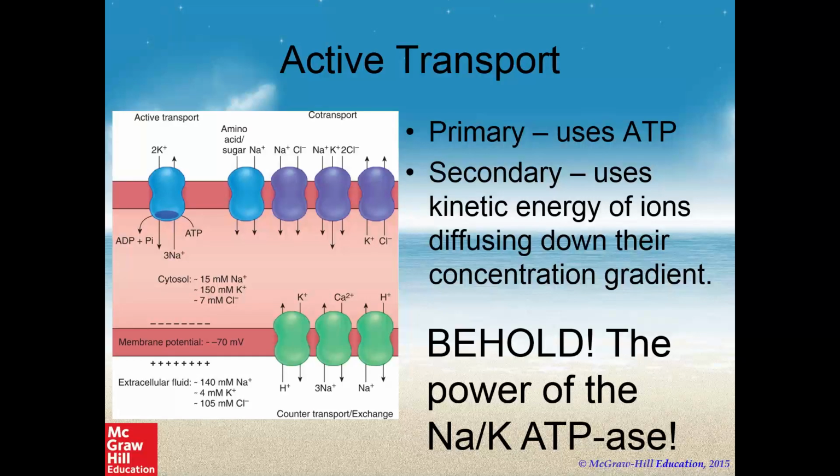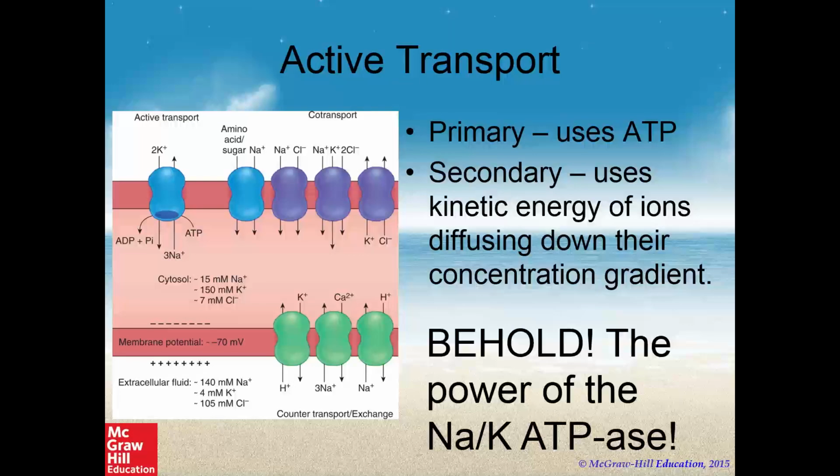Same with all these other transporters: sodium chloride, potassium chloride, sodium hydrogen exchanger. Right? So these are all examples of what is called symport, S-Y-M-P-O-R-T, because everything is moving in the same direction. Also called co-transport.